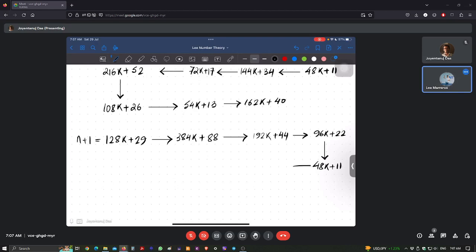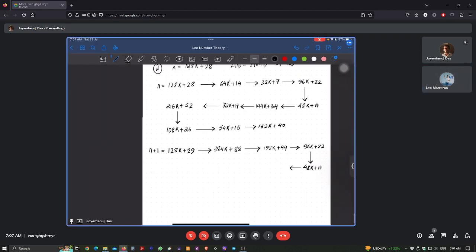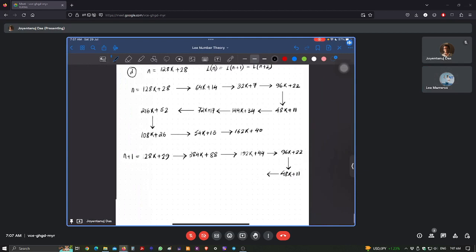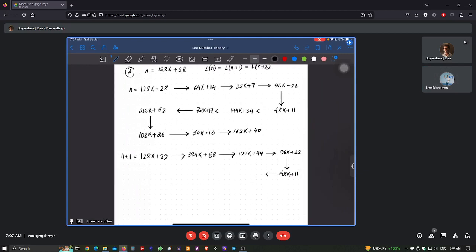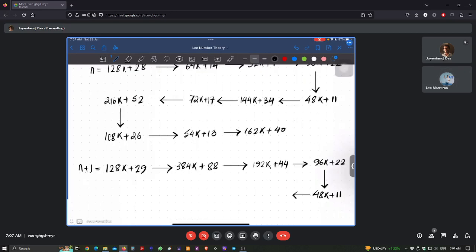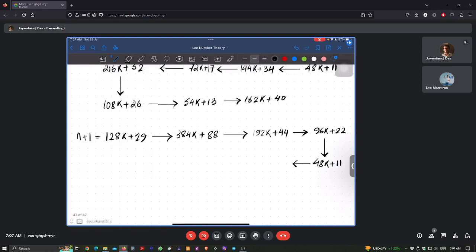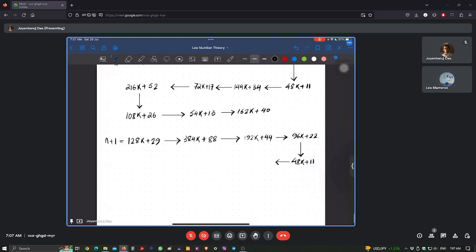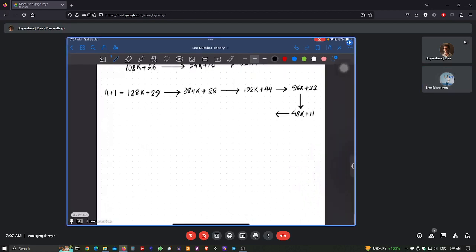So we have 48k here. But for n plus 2 also you have to check whether 48k is coming or not. Let us do some more steps and then we will get an idea. After 48k it will be the same.